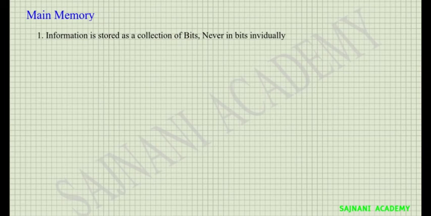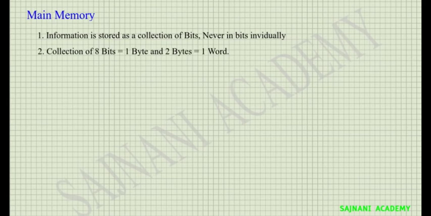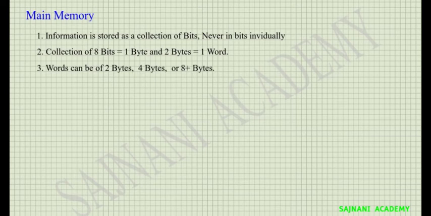So that is why the information is stored always in a group of bits, normally called the word. The collection of 8 bits is called 1 byte, whereas 2 bytes make a word. Words can be of 2 bytes, 4 bytes, or it can be more than 8 bytes depending upon the processor support.